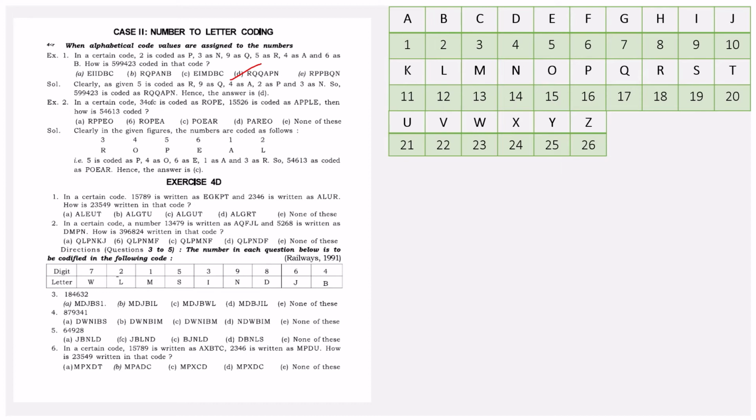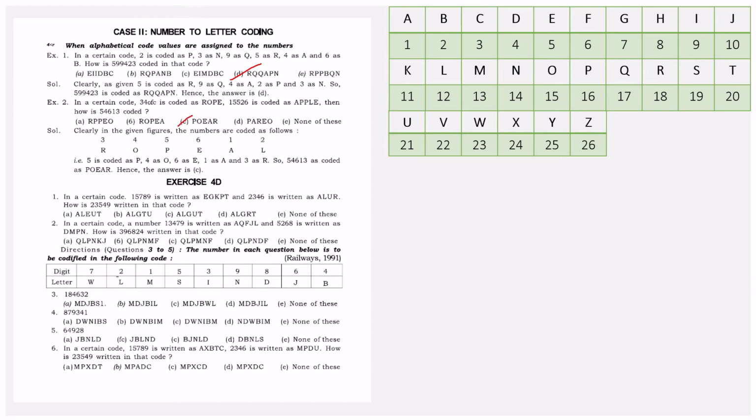Okay, so 5, 4, 6. Okay, ROPEAL is not the answer. 54613 is coded as POEAR. These are just examples. I did not solve them, so I got confused. No problem. These were just examples, and the answer is POEAR, option C.